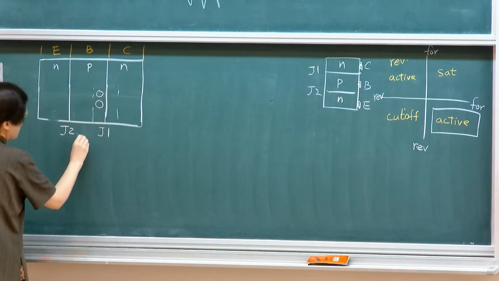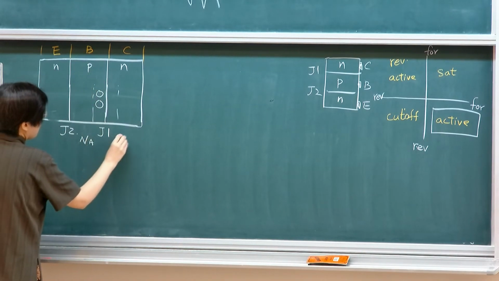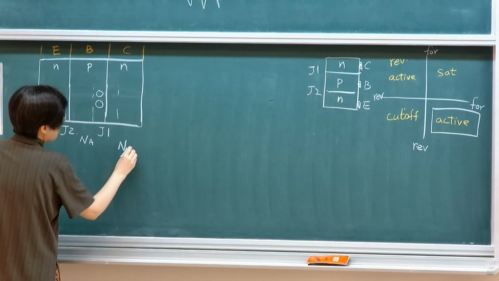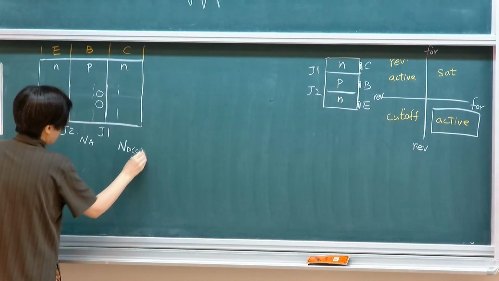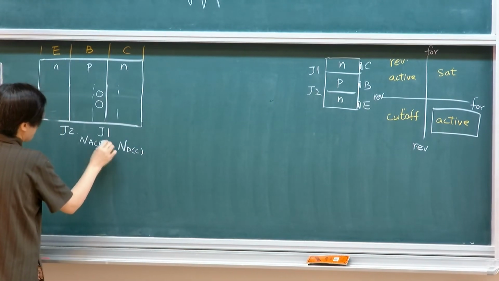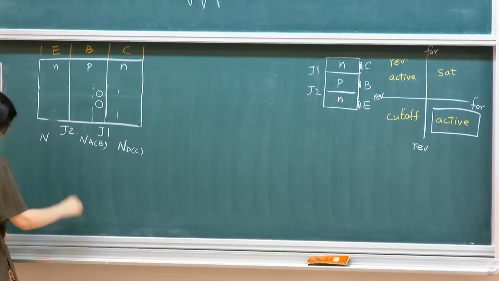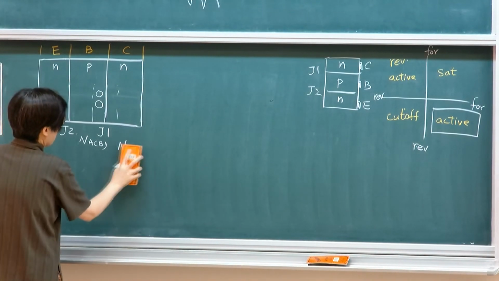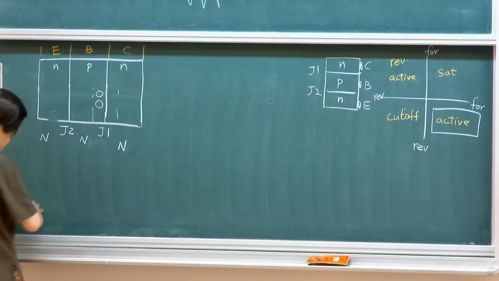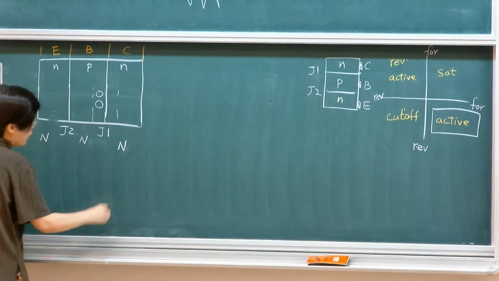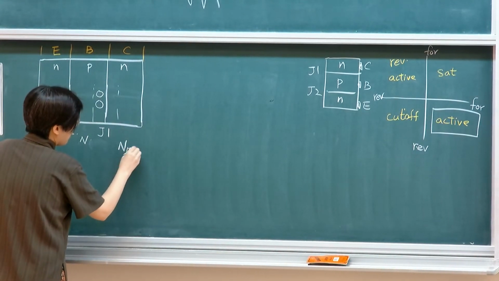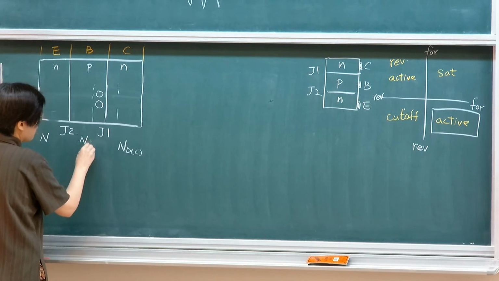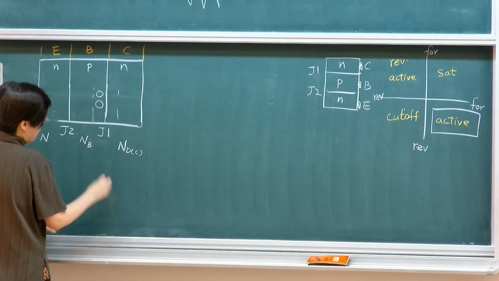Remember this is Na. This is Nd in collector. This is in base. So this is Nd in collector. This is Nb, I should say.